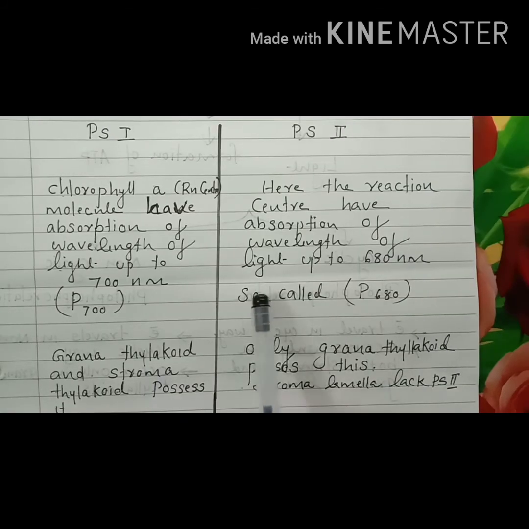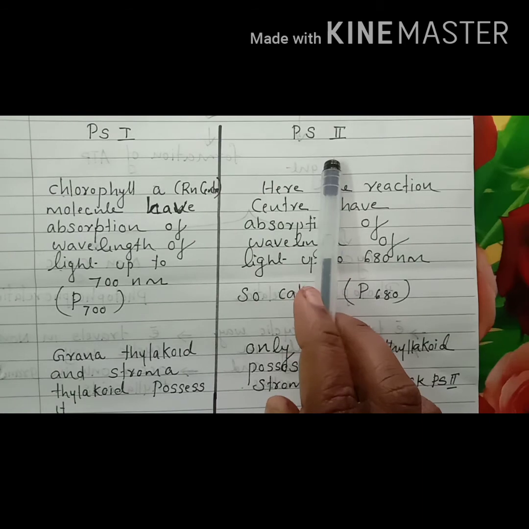Based on the reaction center, there are two types of photosystem, PS1 and PS2.